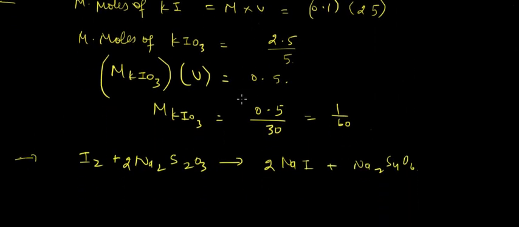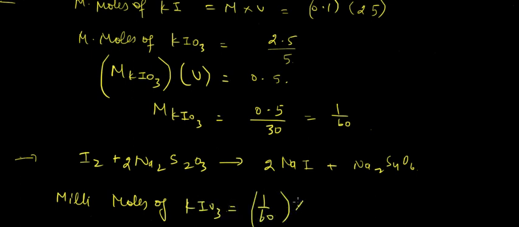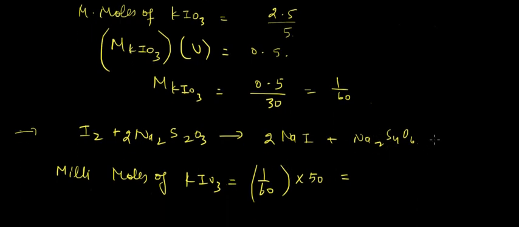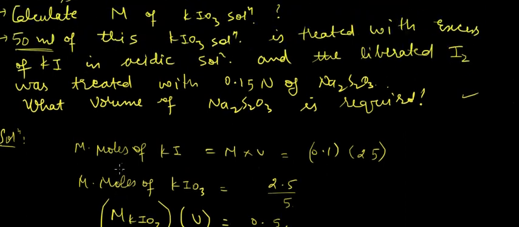So millimoles of KIO3 consumed would be 1 upon 60, which is the molarity, multiplied by 50, which is the volume of KIO3 solution which is used for the titration in the first step. This is the reaction for step 2. Step 1 reaction has been given here.